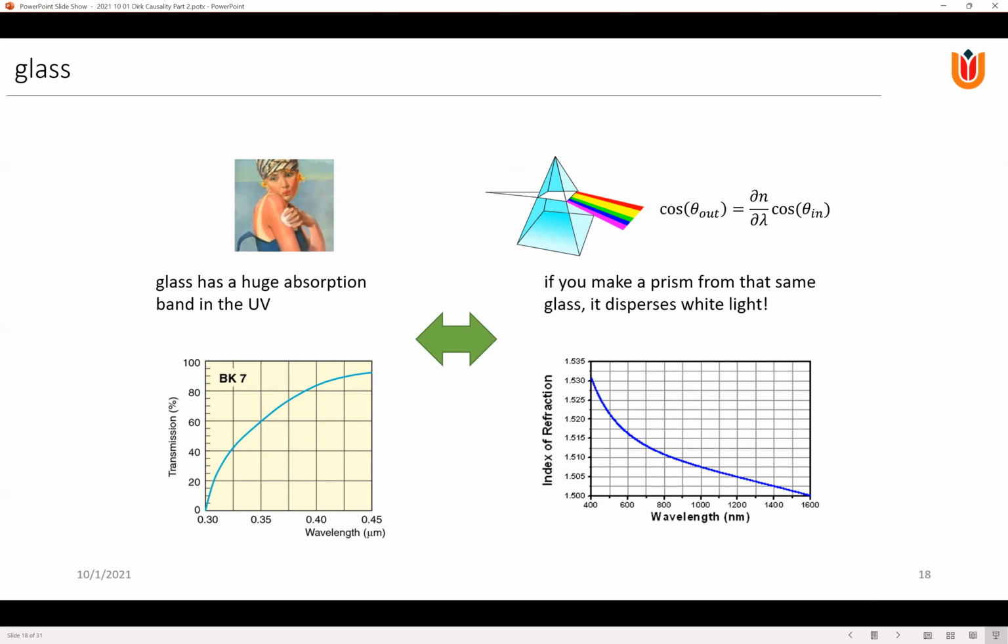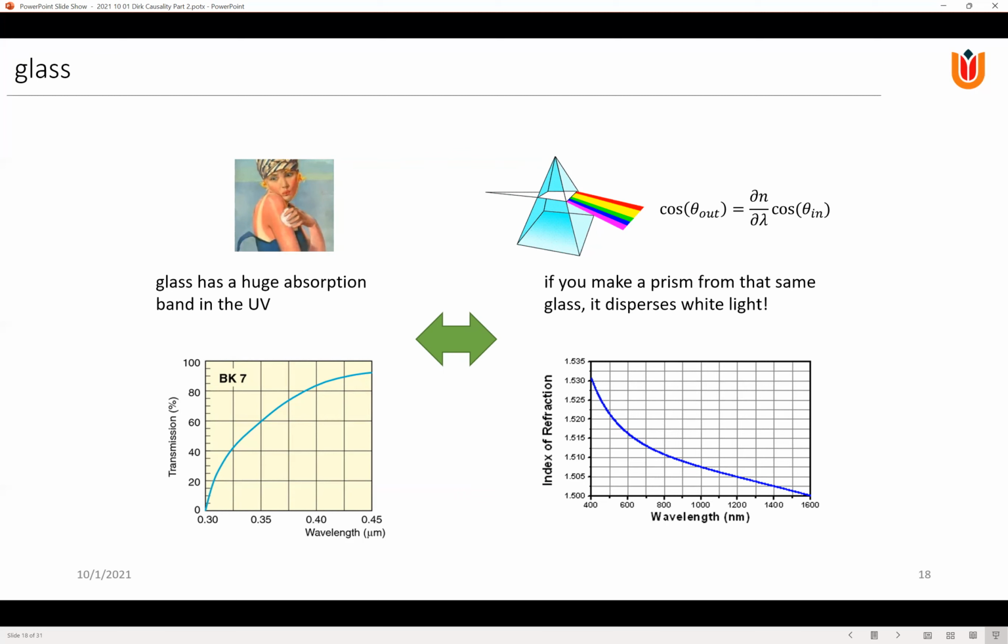You see that the transmission in that wavelength range is not that high, which means that the absorption is actually high. So the absorption coefficient is high. So there is an absorption peak in this 300 to 400 nanometer wavelength range.